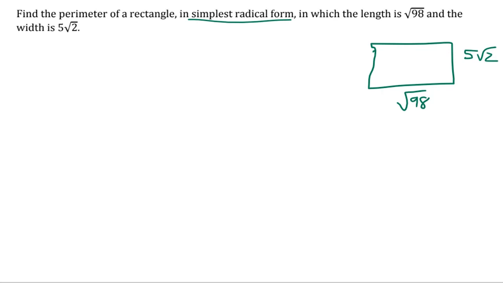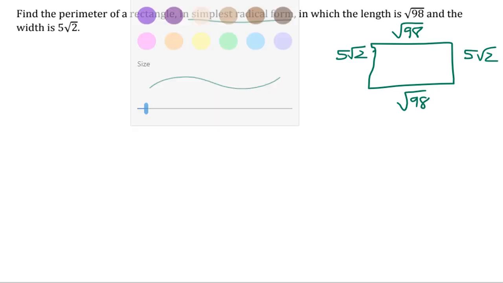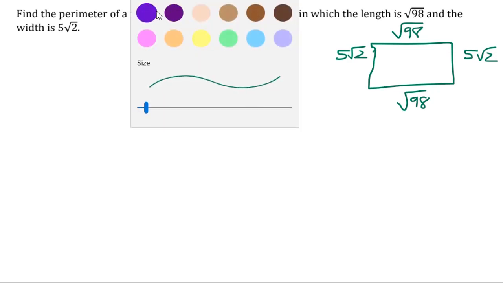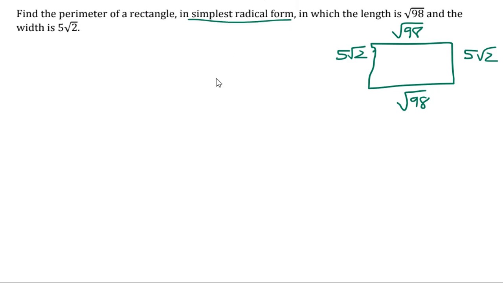And now I want the perimeter of that, which means I'm going to go around all 4 sides. So I might want to label the opposite sides. Switching pen colors just so I don't confuse our work. Let's use blue. I'm going to now write a very long addition problem showing that I'm adding all 4 sides of this shape.